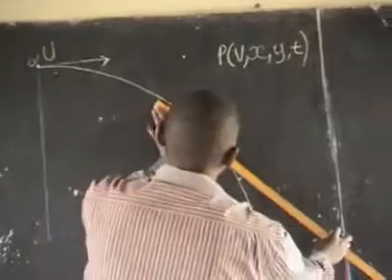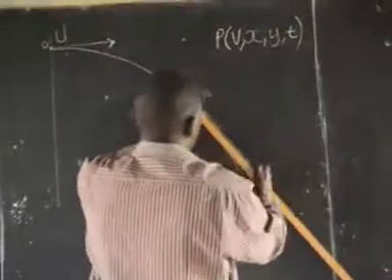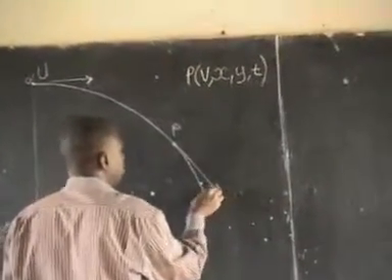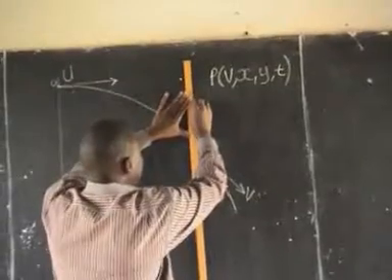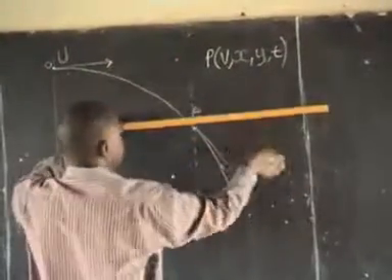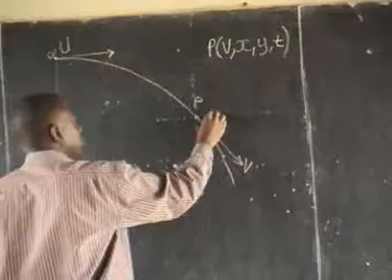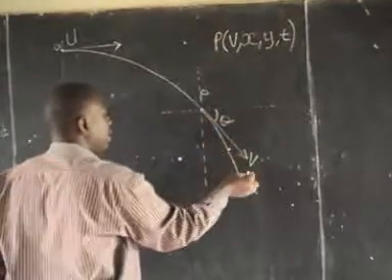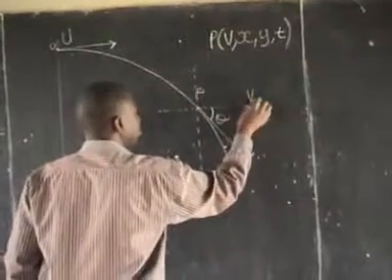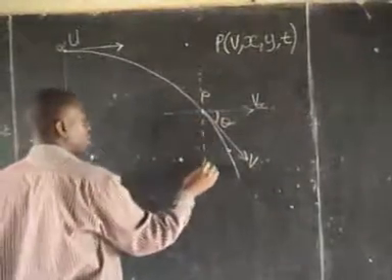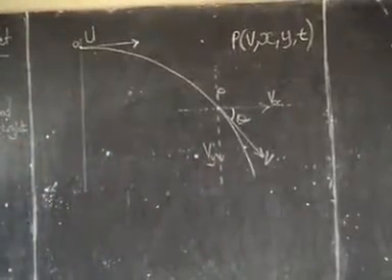So in this case, if we draw a tangent at this point, the tangent will represent the direction of its velocity, and if we draw our conventional set of axes, then this velocity v will have a component which I'm going to denote Vx along the horizontal, and also a component which I'm going to denote Vy along the vertical.